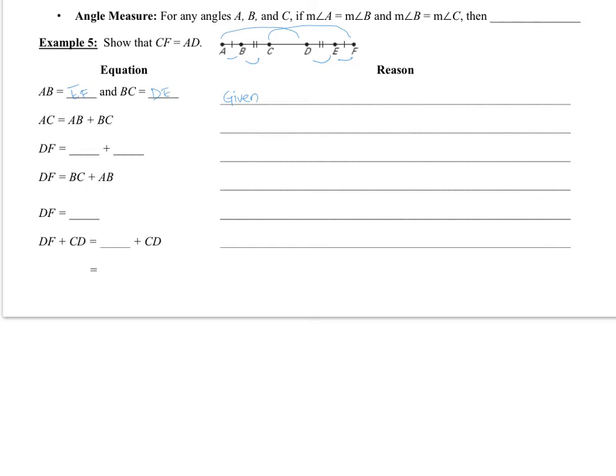And now I'm thinking, to prove this, I can take the total length AC and add it to CD and set it equal to DF plus CD. But I need to break this down here. Let's begin with AC. AC equals AB plus BC by the segment addition postulate.